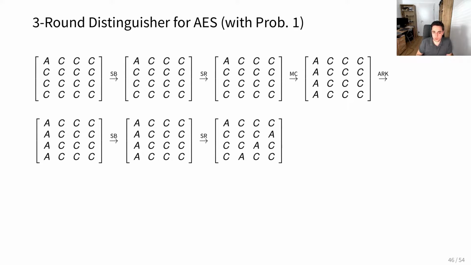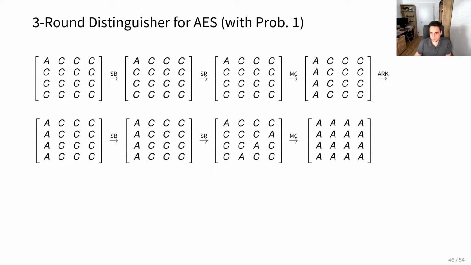However, ShiftRows changes the positions of these active bytes. So this remains the same, but ShiftRows changes the positions. Now we have MixColumns, and something more happens, because we have A also in these columns here, not only in the first one. So everything gets active, not only the first column, but every column.